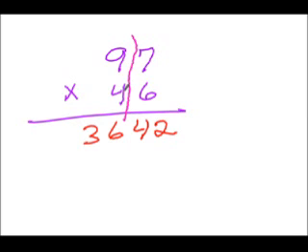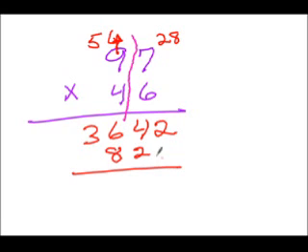And then cross multiply. 4 times 7, 28. 9 times 6, 54. So 54, 64, 74. 74 plus 8 is 82. Put my 82 there, leaving this place blank. 4,462.